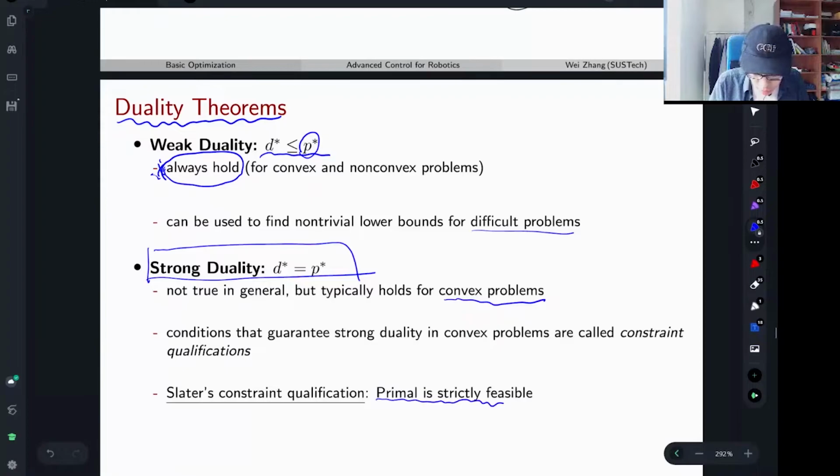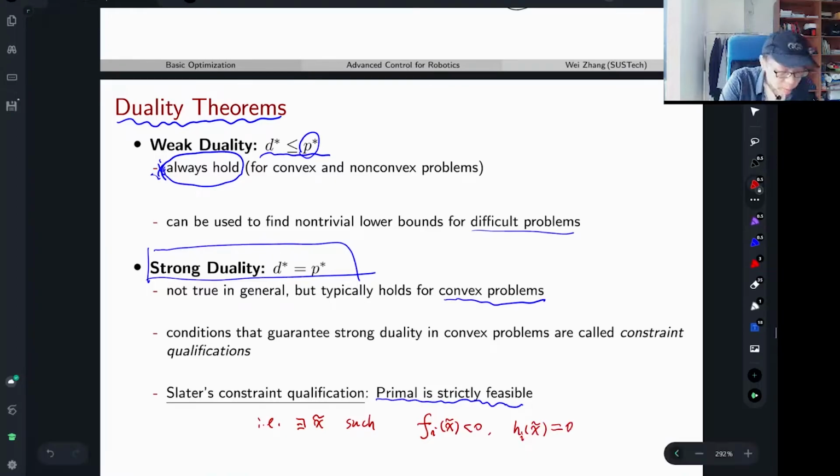It's just that the primal is strictly feasible, i.e., there exists a particular point x tilde that is not only feasible but strictly feasible: fi of x tilde is not only less than or equal to 0 but less than 0, and the equality constraints also hold. If the primal is strictly feasible, then strong duality holds if the problem is convex.